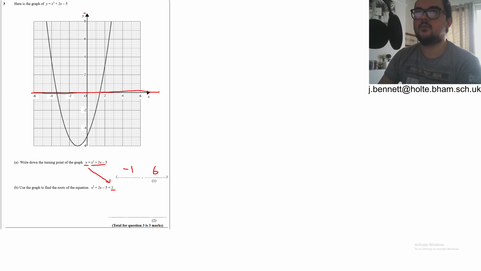So y, which is this, is now going to be here. So if I just get rid of those lines, we look across the y equals 2 line, we get our point being there, and we get our point being there. So if we go down, we see that's about minus 3.8.